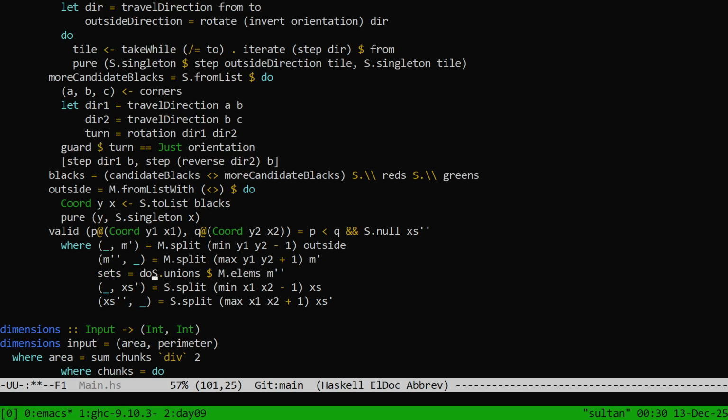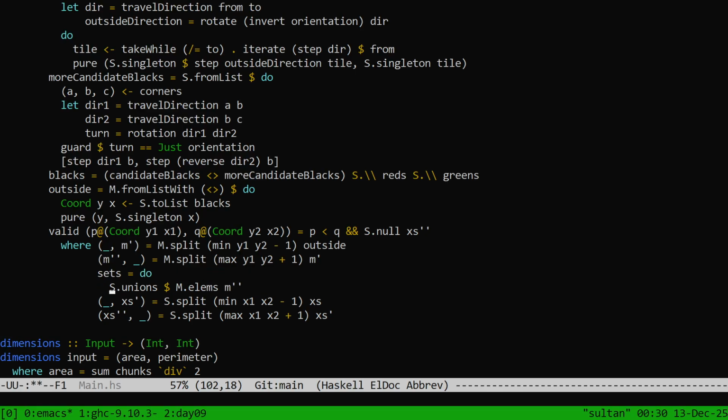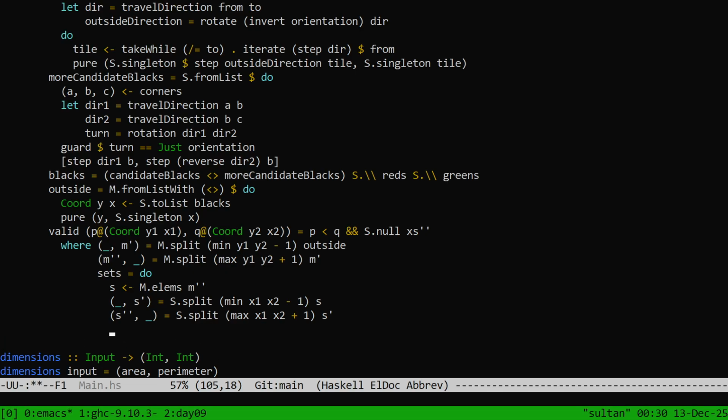Do? Never go wrong with a do. For each set in the elems of M prime prime, do this, right? And this min, I guess we can lift out.